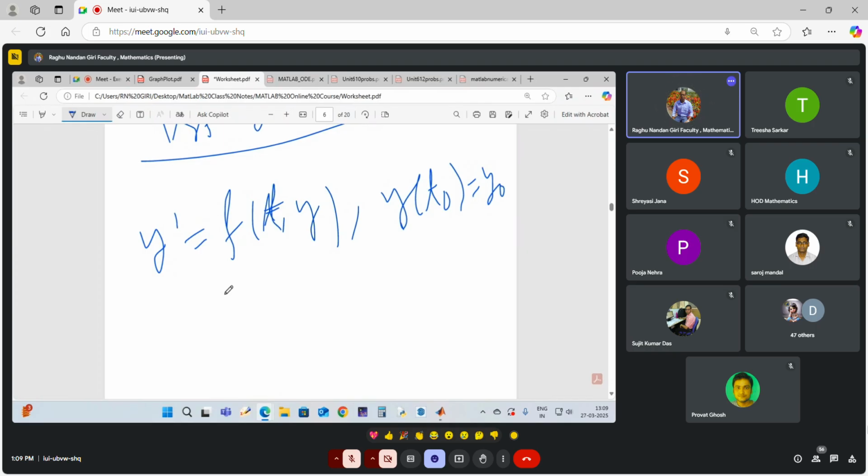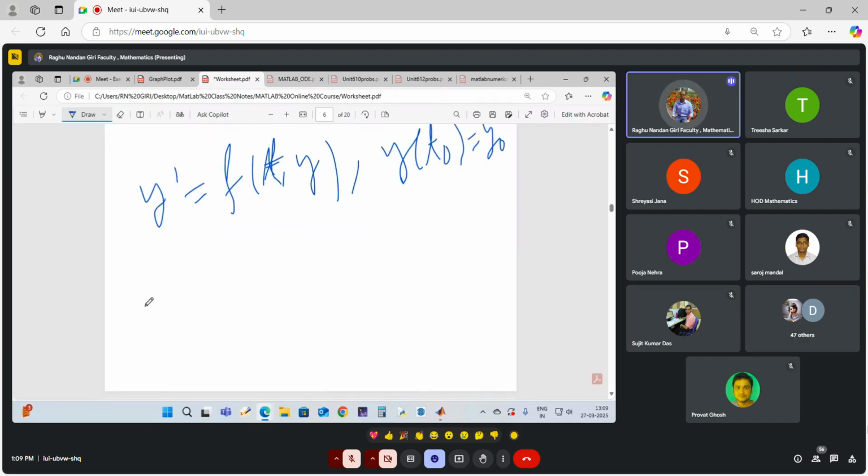Basically, numerical methods in MATLAB are used for these types of ODE where the analytical solution does not exist or cannot easily be found. For that we apply numerical methods.